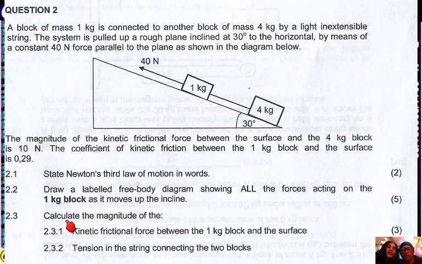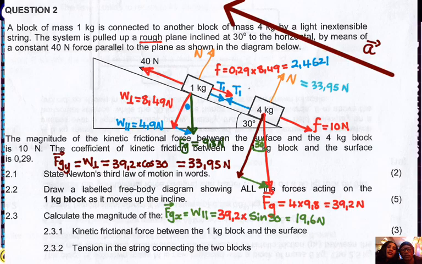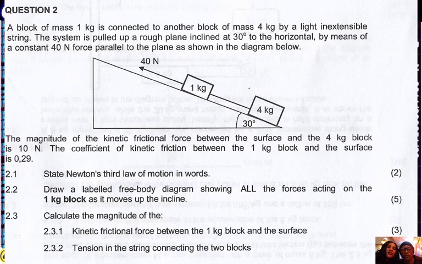The next question says, calculate the magnitude of the kinetic friction force of the 1 kg block. We got it, which was that red one, which ended up being 24621 newtons.